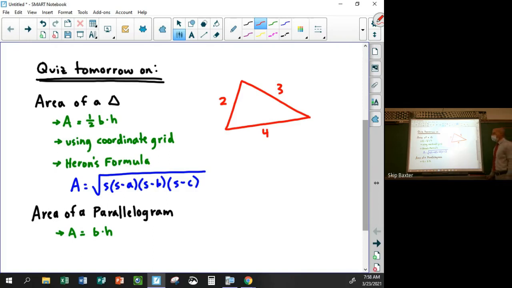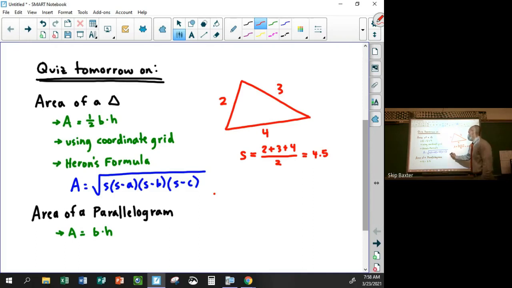Well, this is going to end up being a decimal. All right, so the first thing you do is calculate the semi-perimeter, which is half the perimeter. You take 2 plus 3 plus 4 divided by 2. This is 9 divided by 2, which is 4.5.